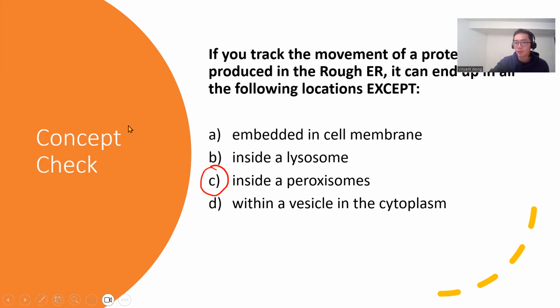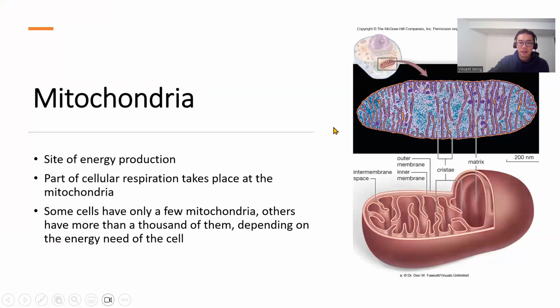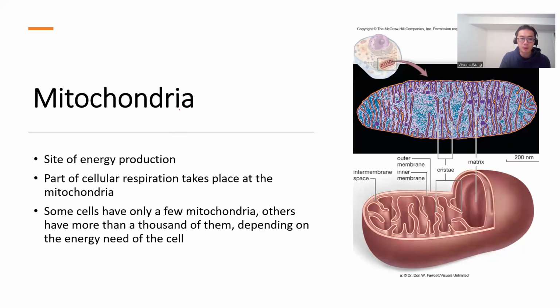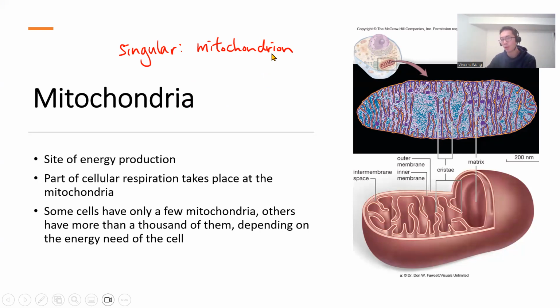Let's do one more before the break. The next one is called a mitochondria. This is plural. Singular is mitochondrion, just in case you see it and you wonder what it means. So this is the site of energy production.